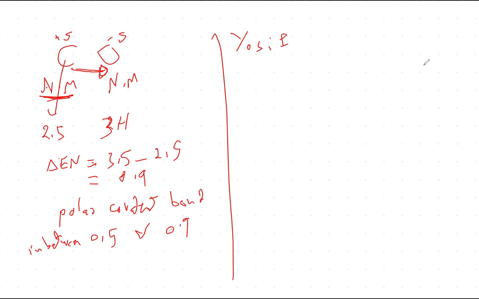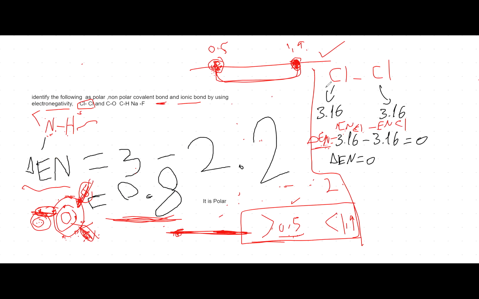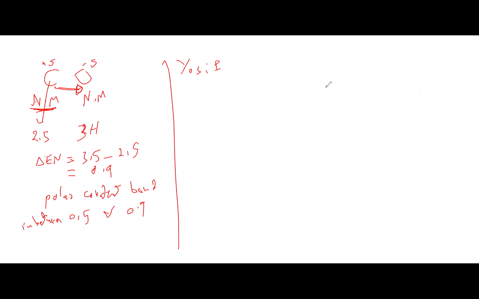Sorry, which page do I go to? Page number 2, I think, or 3. It's in page 3, sorry. I will write it. CH. And Abbas, NaF. I think it's NaF.